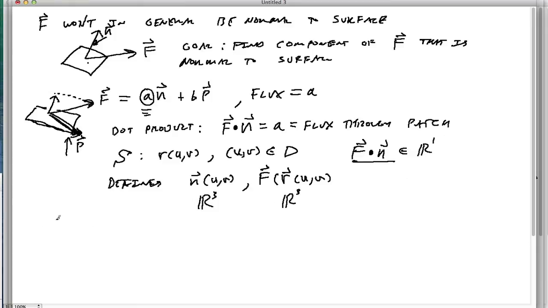So we go back to our original definition of a surface integral. What we had was, if we had some function f, and we just evaluated it at r of u comma v, where that was a function living in 3 dimensions, ds, what we're going to say then is that is our f.